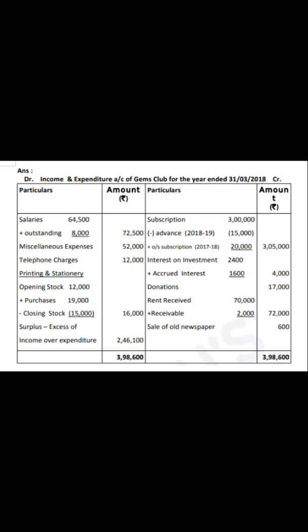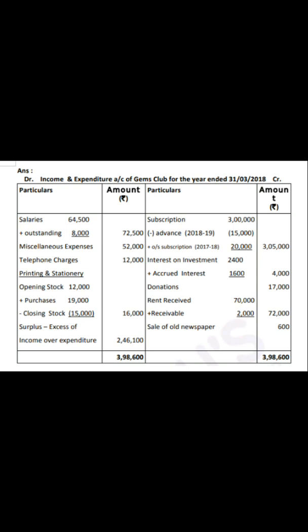Next, we have to write the printing and stationery as a subheading, and inside that we have to write the opening stock. To that we have to add the purchases, and from that we have to subtract the closing stock.